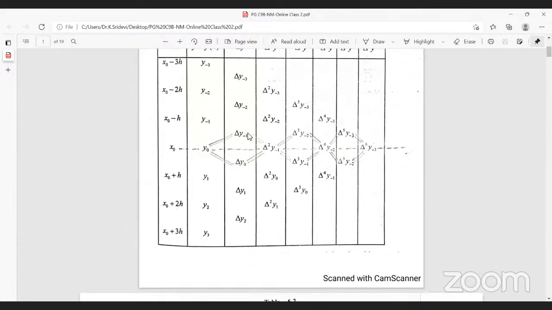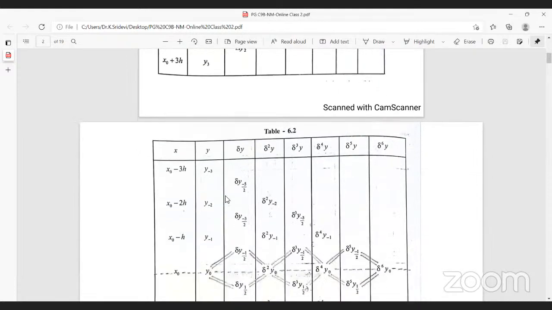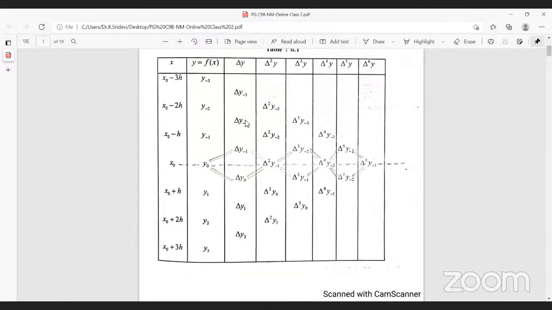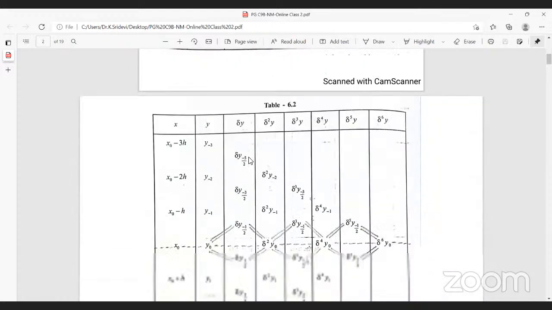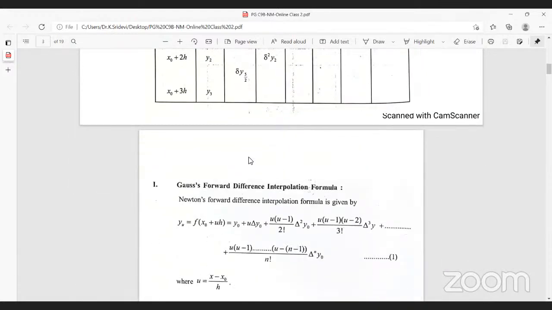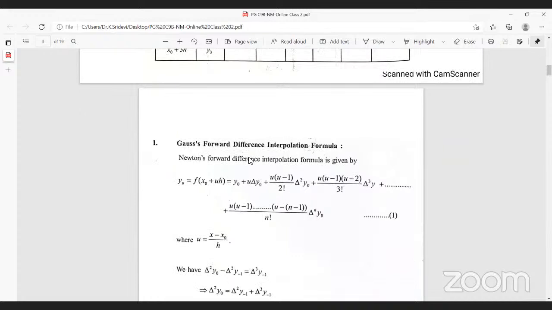Both entries are the same. If you take any entry in a respective column, then that entry in that column is the same. So remember these tables and the entries; the respective entries are the same in both tables.